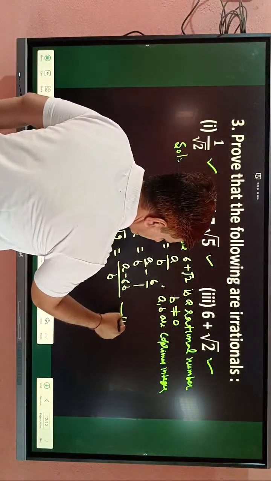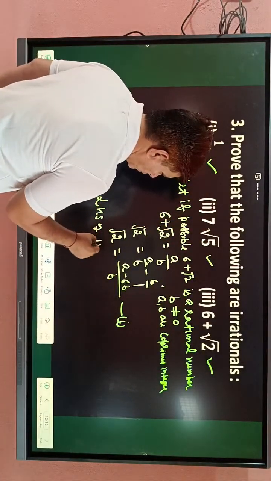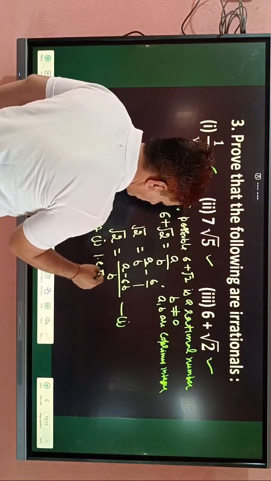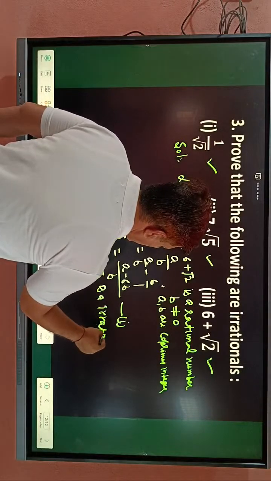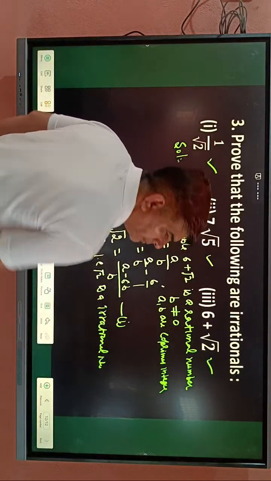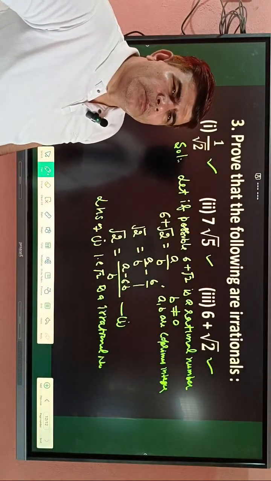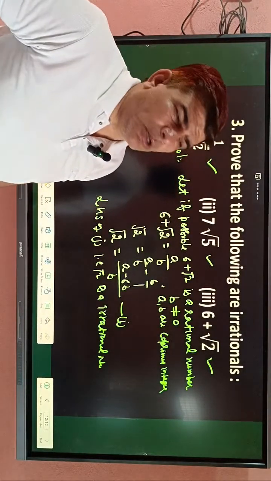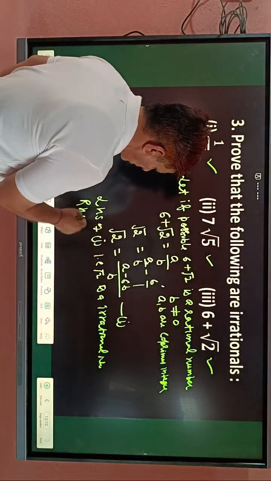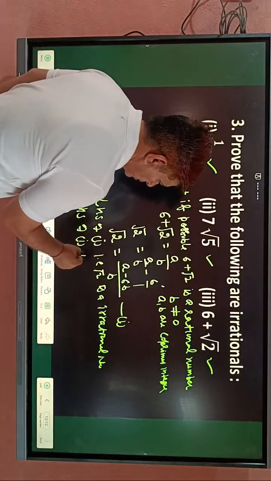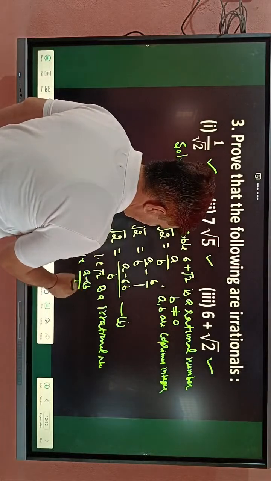Again first, LHS of first, that is under root 2, is an already proved irrational number. In exam, it may be possible you have to prove first. That depends upon the marks of the question. Then you can easily prove RHS of first, that is a minus 6b by b.